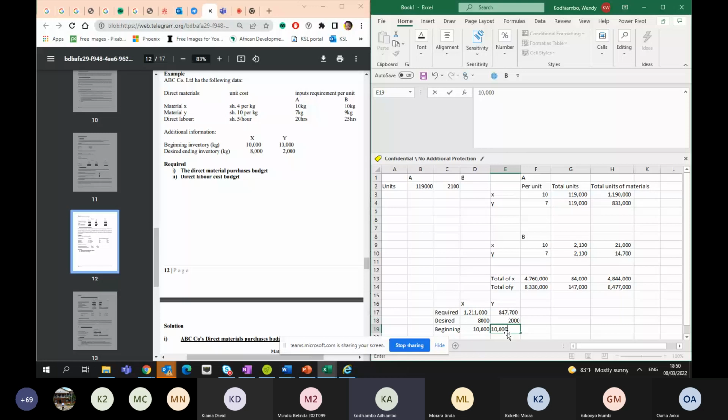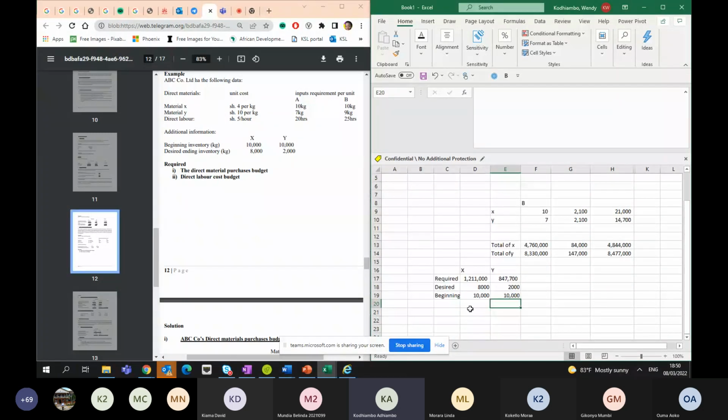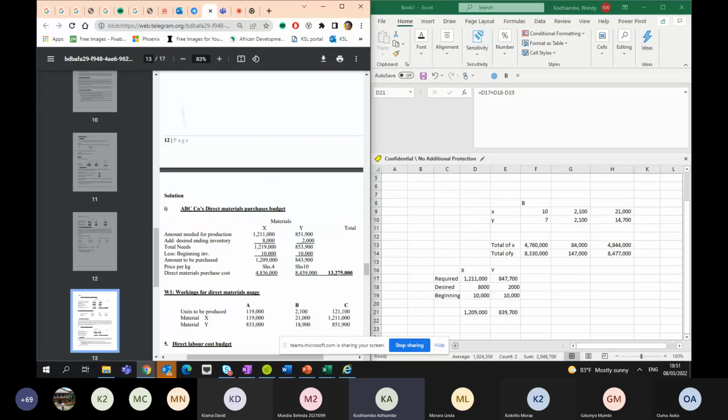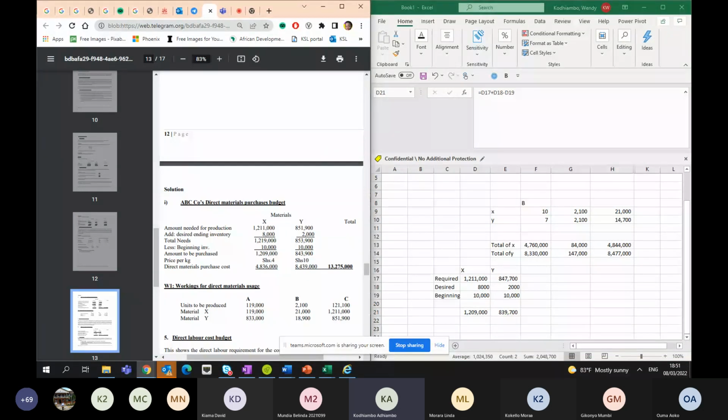So what is happening is, how much do we require in terms of material? We need what is desired minus what we have. So we need 1249 and we need 837. Let's see if that is what we have. Here we have 853. Why do we have 853?